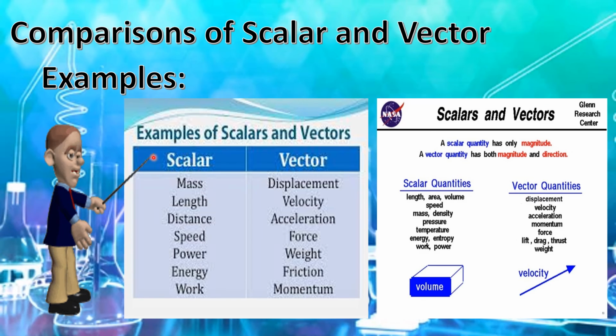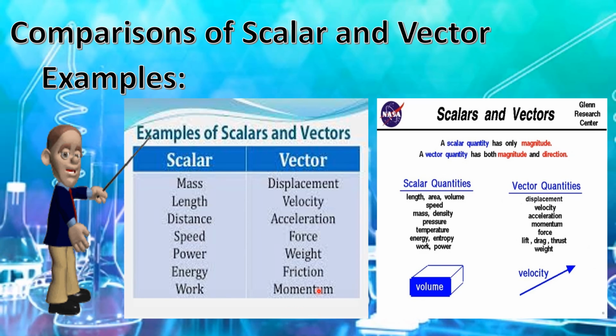Okay, so here are some examples of your scalar quantities: mass, length, distance, speed, power, energy, work. So these are your scalar quantities. What are some examples of your vector quantities? Displacement, velocity, acceleration, force, weight, friction, momentum. So these are your vector quantities.